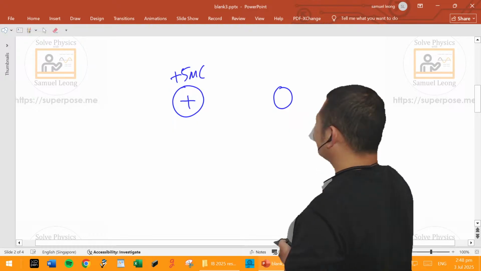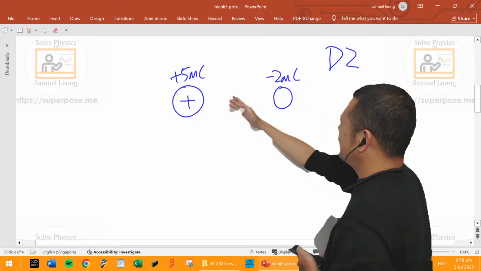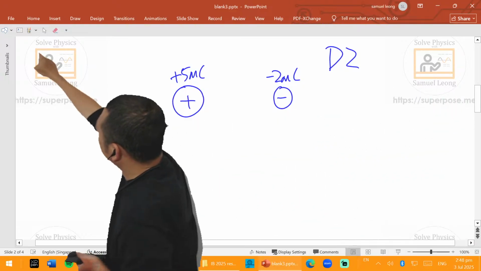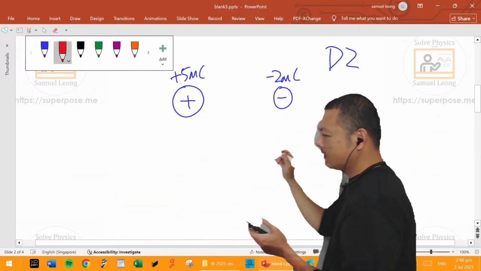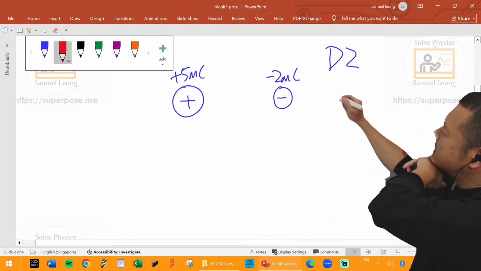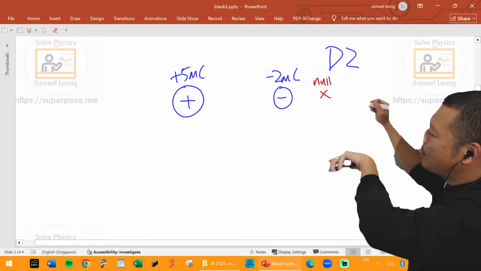D2, okay, okay. So plus 5 microcoulombs, minus 2 microcoulombs, right? Where's the null point? This is for everyone. Where's the null point? Null point is here, right? Why is it the null point?